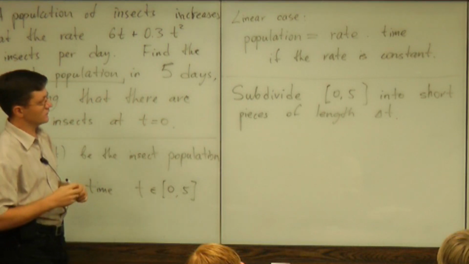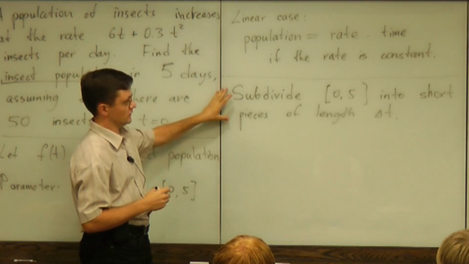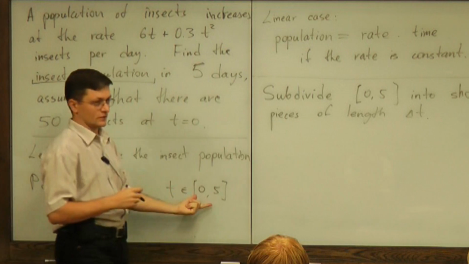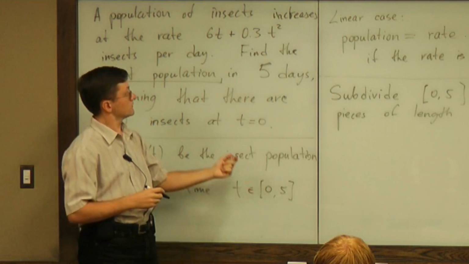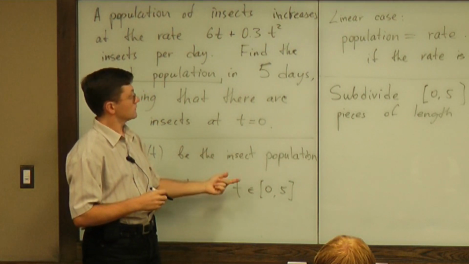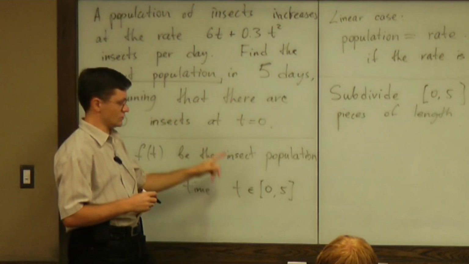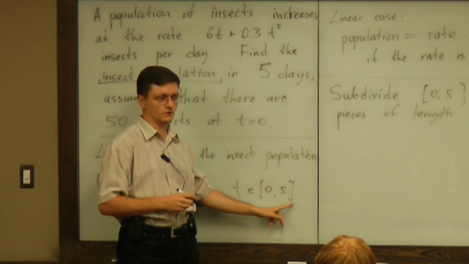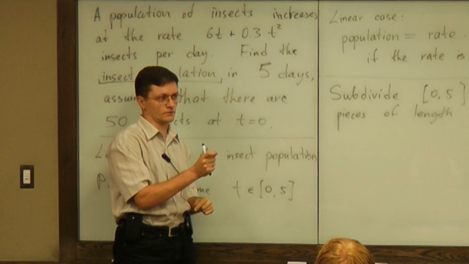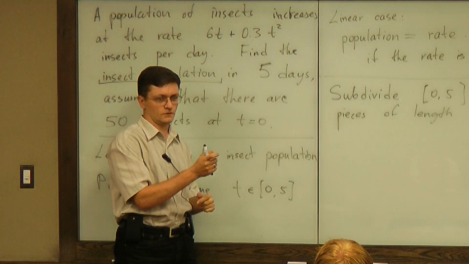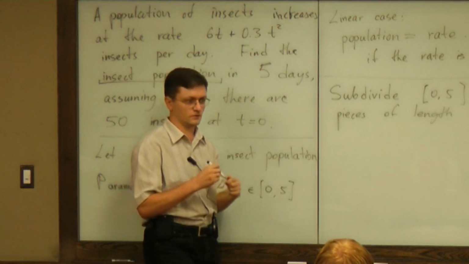And then we argue that if we subdivide, then how do we relate the change of the population over the whole interval to the change over short interval? Use geometric approximations.